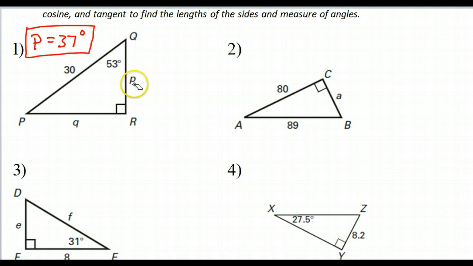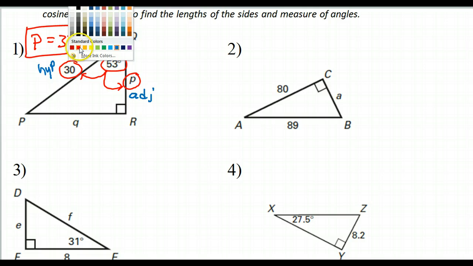Okay, so to find P, look, these are the two things that were given, the 53 and the 30, and this is the thing that we're trying to find. So I have to look at the 30 and the P, and I realize that the 30 is the hypotenuse and the P is the adjacent leg. So I've got hypotenuse and adjacent.